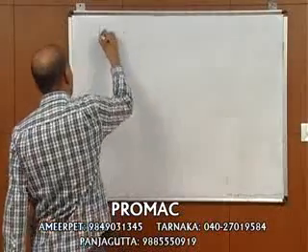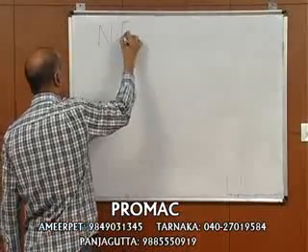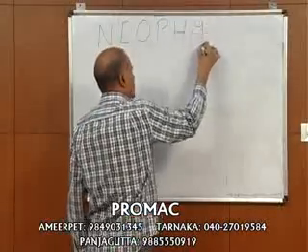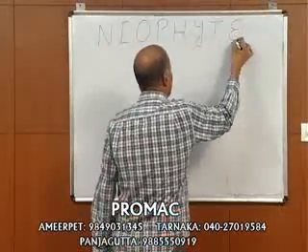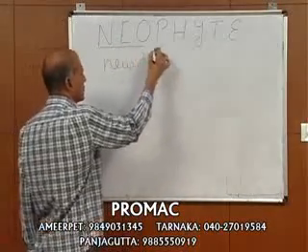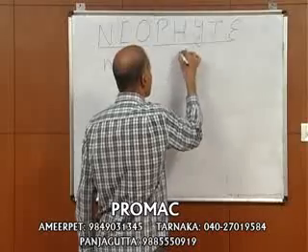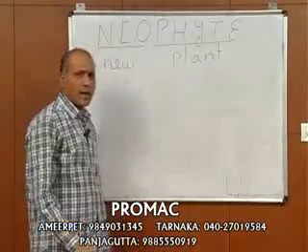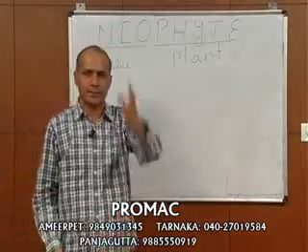The next word we will take up is a word called neophyte. The word neophyte comes from two words. Neo means new. Phyte means plant. So neophyte literally means new plant.